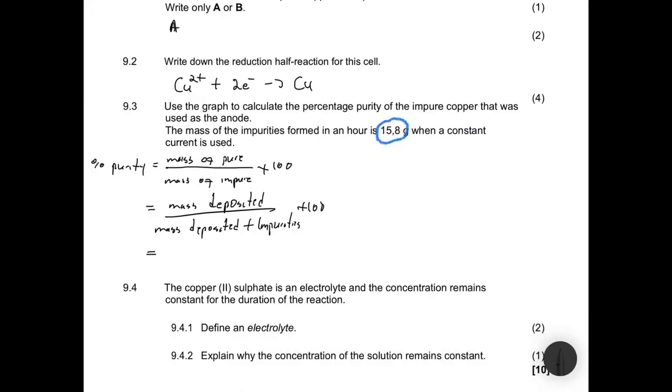So we're gonna have mass deposited, which we're going to find, divided by 15.8, that is for impurities, plus mass deposited again. We're still multiplying this entire number by 100. So now our duty is to find the mass deposited, right?